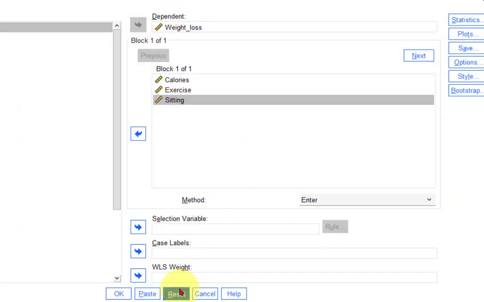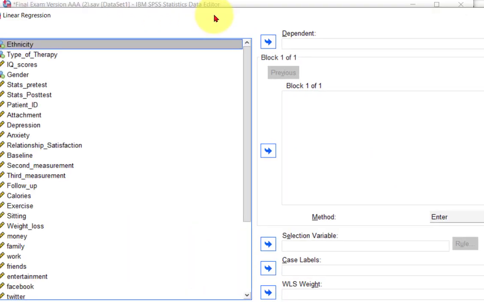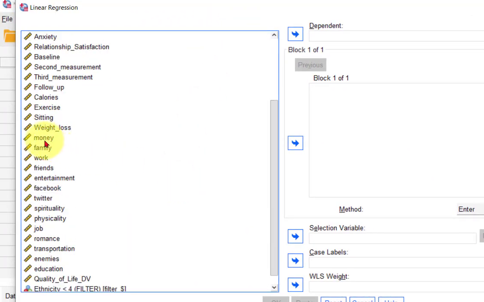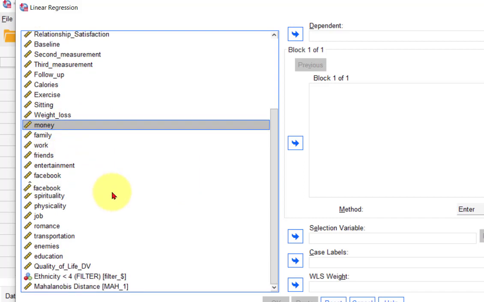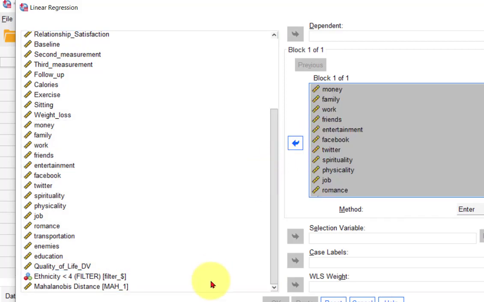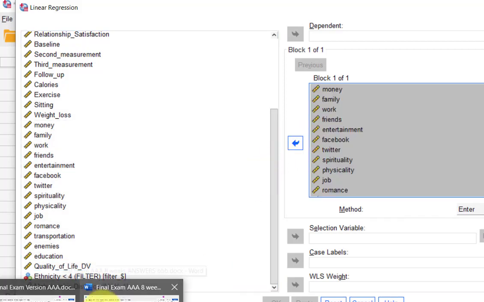And we're going to hit Reset here. Boom. So let's see if we can't get them all. So money, family, work, friends, I think all of these, all the way down to quality of life. Is that right? Stick those in there. I'm going to double check real quick to make sure I got them all.